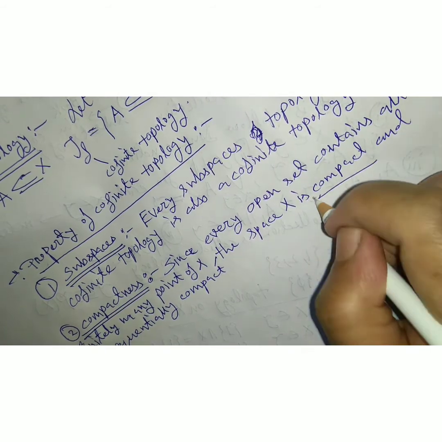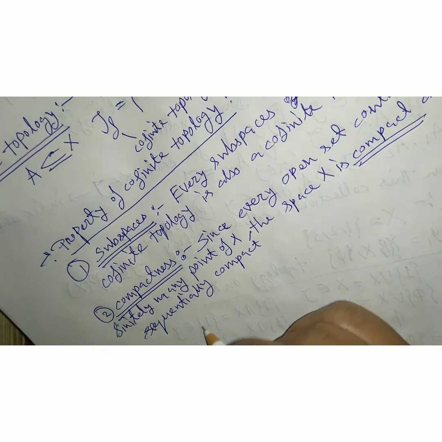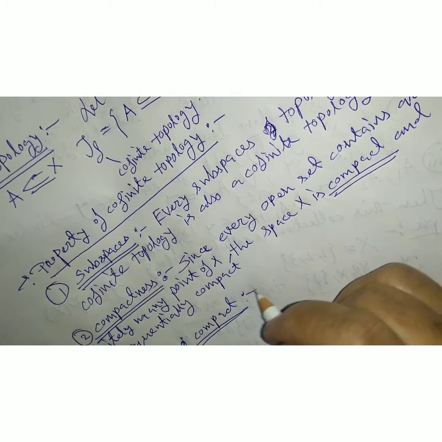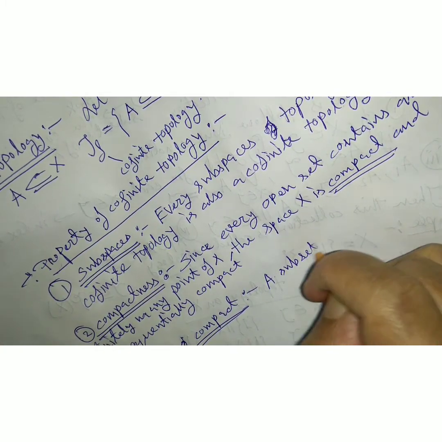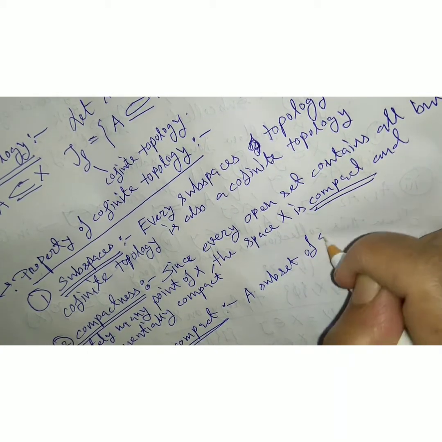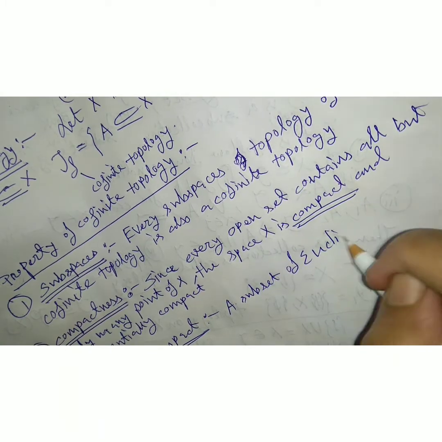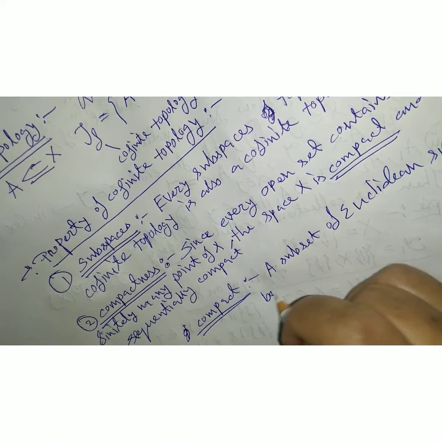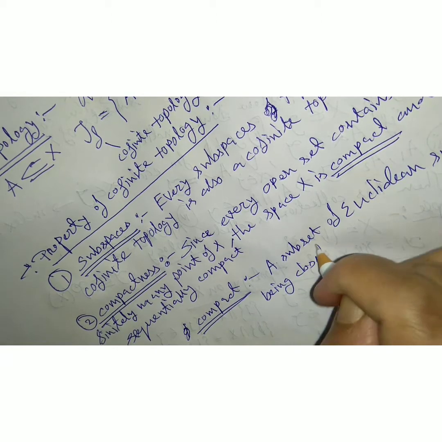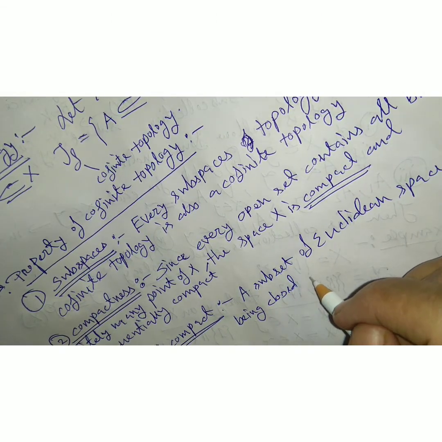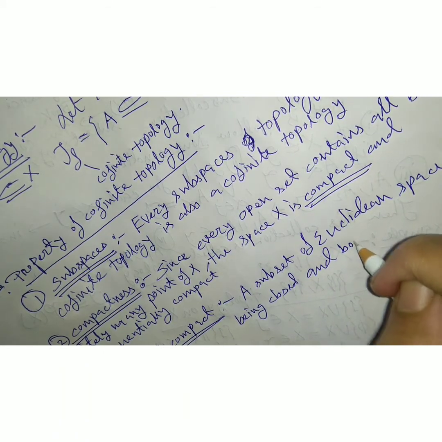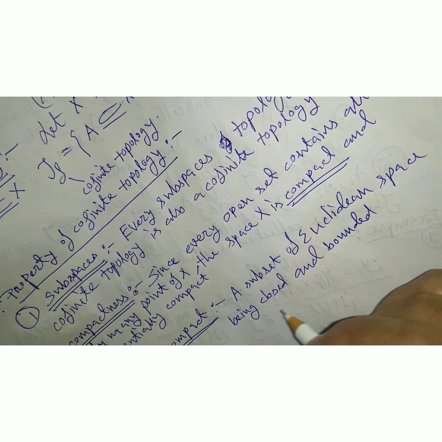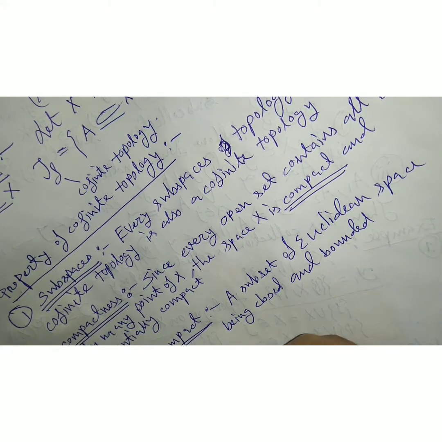Now I discuss what is compact. A subset of Euclidean space being closed and bounded is called compact.